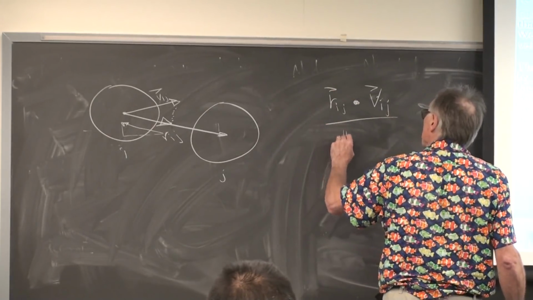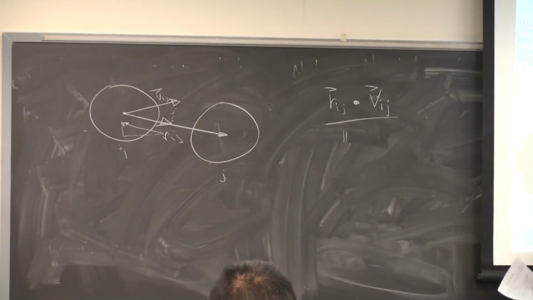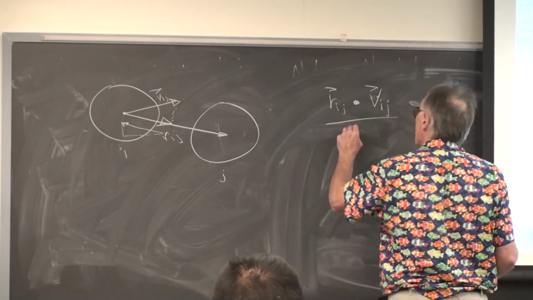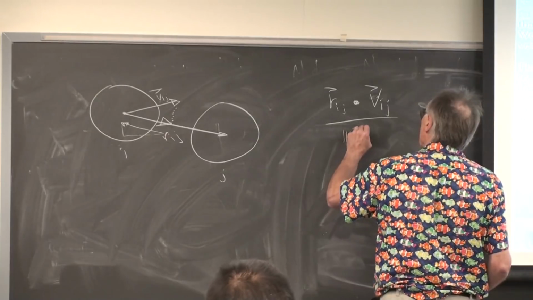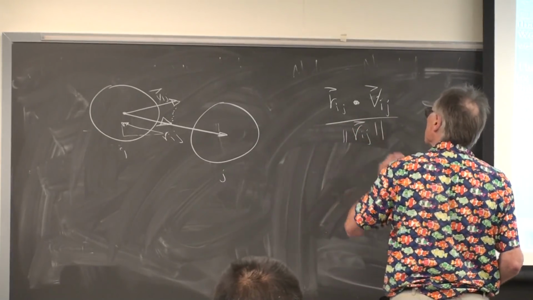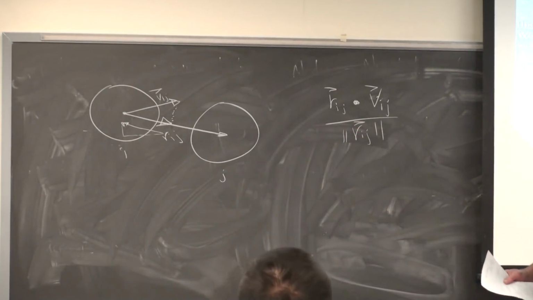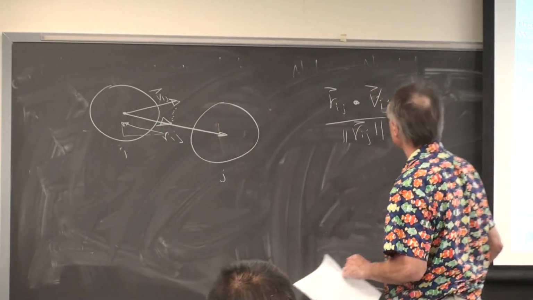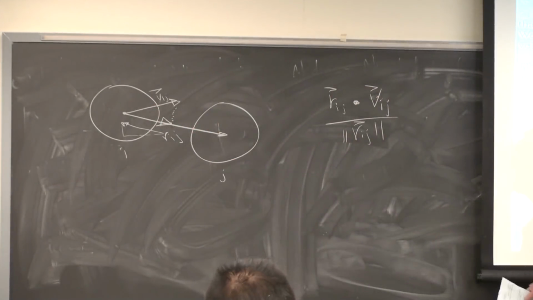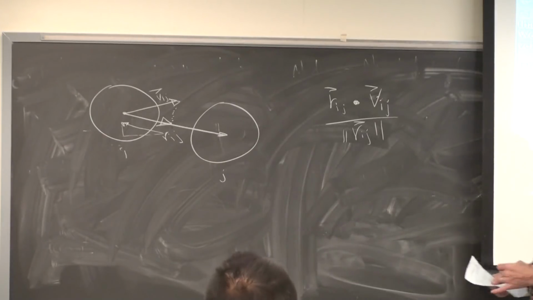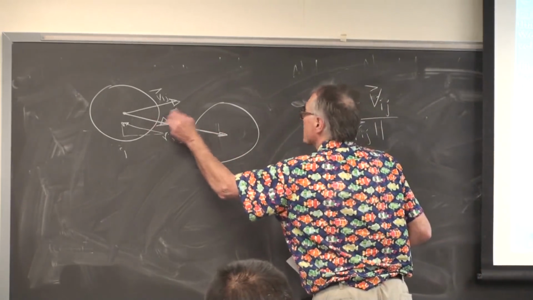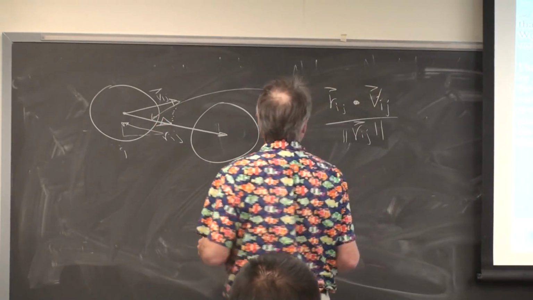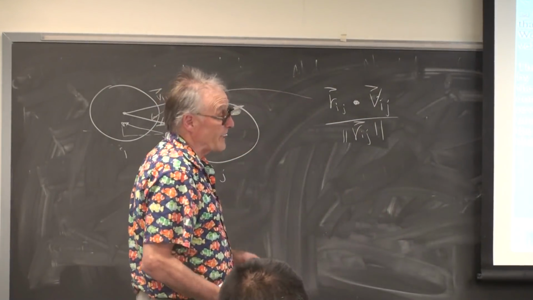Because R has a non-unit magnitude, we have to then divide that by the magnitude of Rij to normalize back to the correct length. So that's the projection of Vij onto Rij. Then we're just going to negate that.